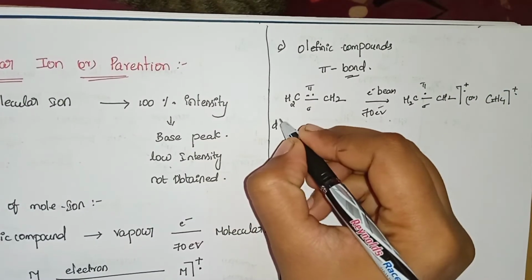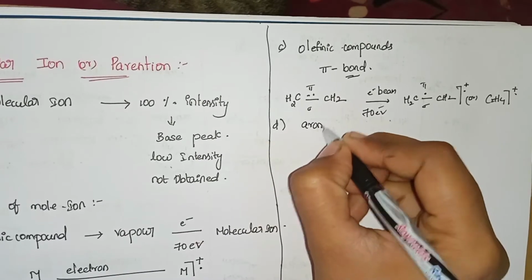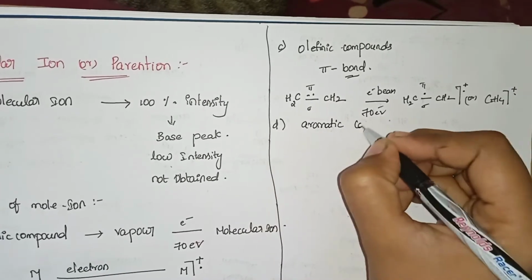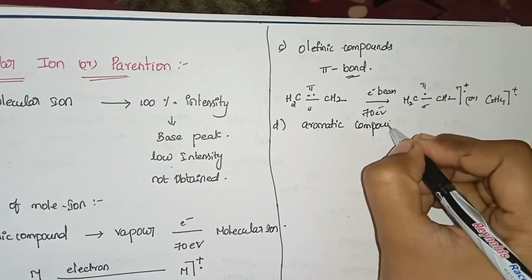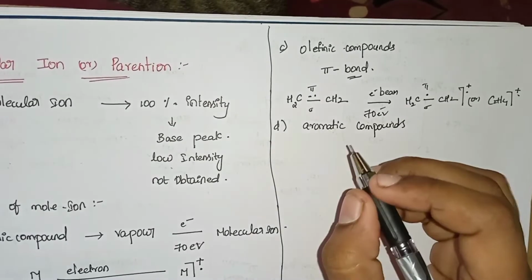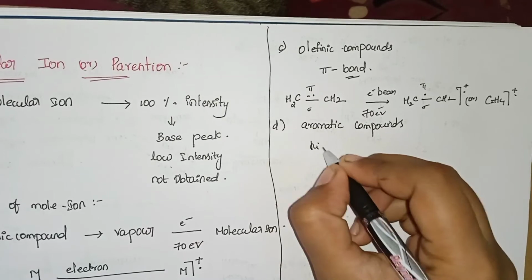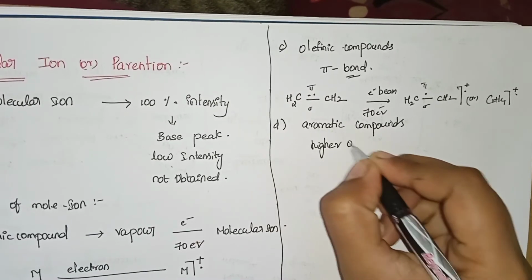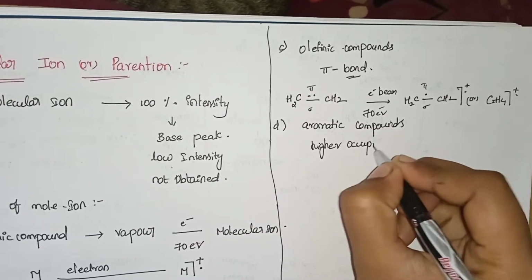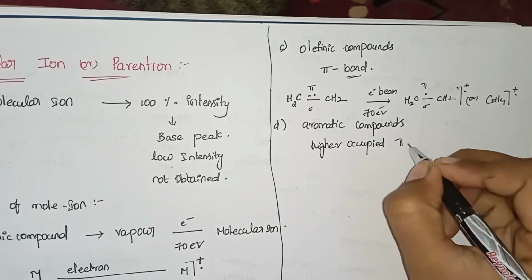Next, in the case of aromatic compounds, a single electron is lost from the highest occupied pi orbital.